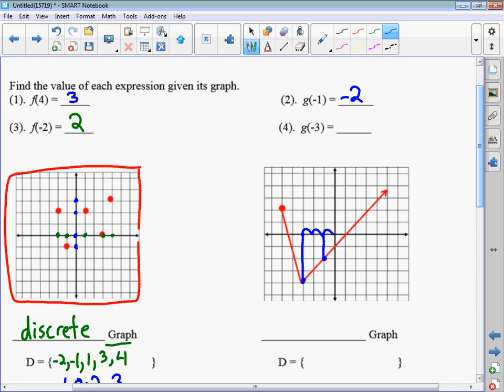That is at 1, 2, 3, 4, negative 4. And if we notice, this graph is entirely connected. There's no gap. So that makes this a continuous graph.